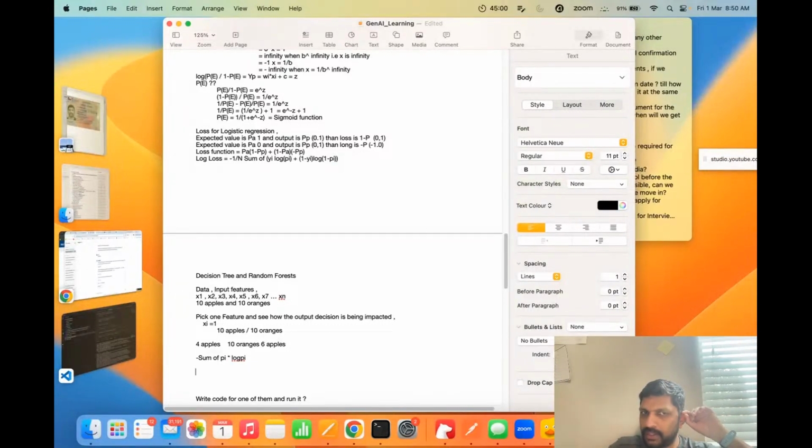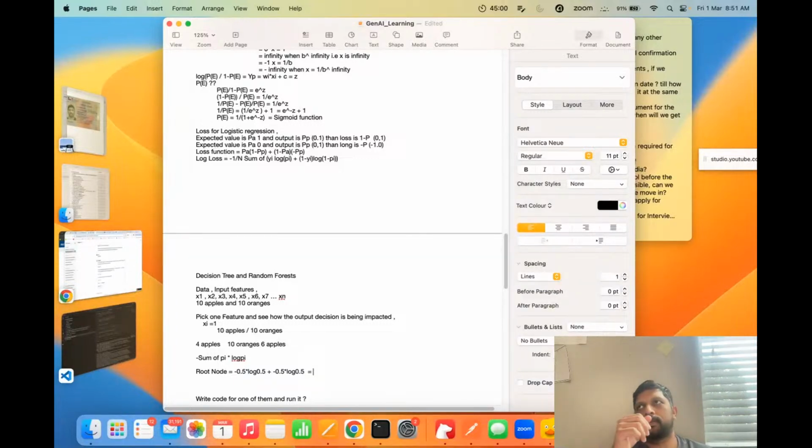So this is the formula, right? Let's start with the root node. If you calculate this, it becomes minus 0.5 into log 0.5 for apples plus minus 0.5 into log 0.5 for oranges.